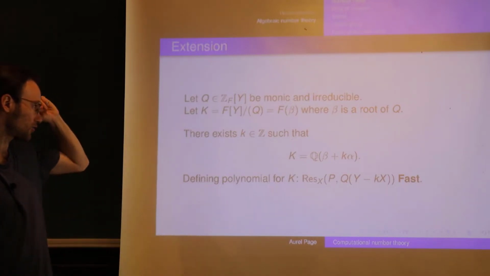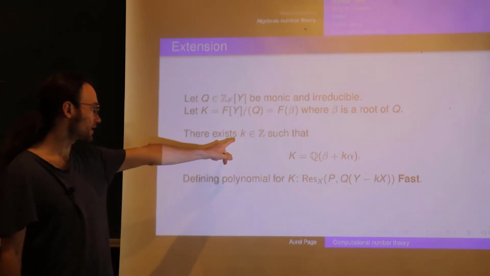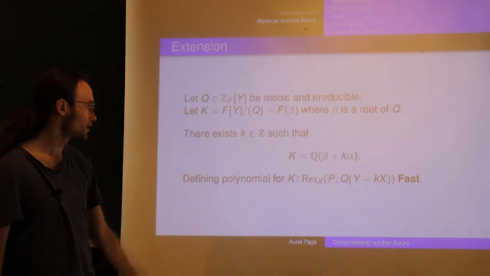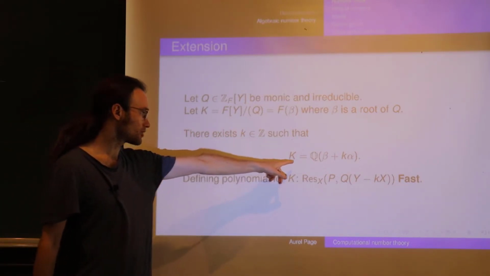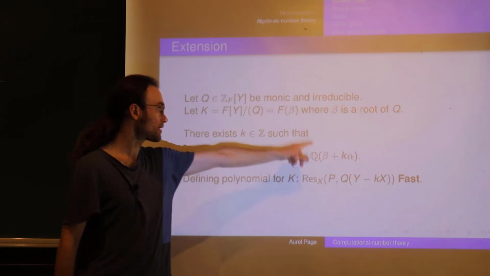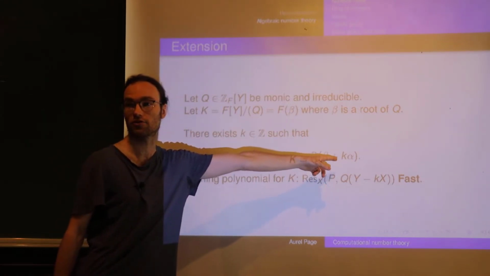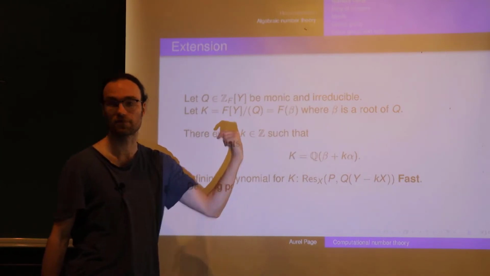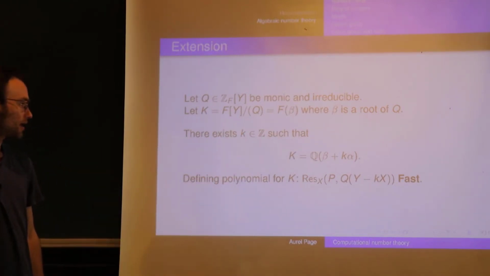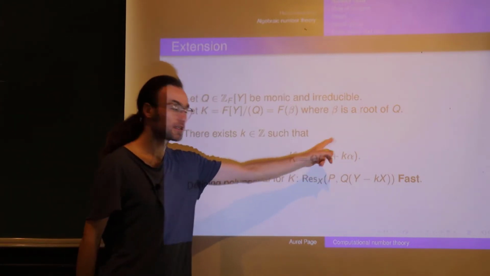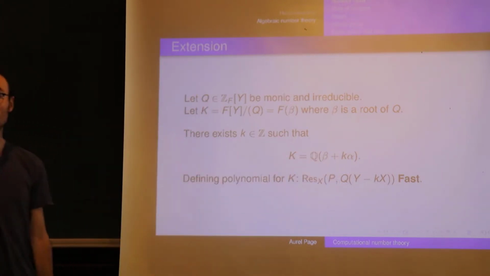And that's actually relatively easy to do. There always exists an integer, in fact a small integer k, such that the field is generated by the element beta, the root of the new polynomial, plus a small multiple k of alpha, the generator of the base field. And you can find a defining polynomial for this very quickly using resultants.